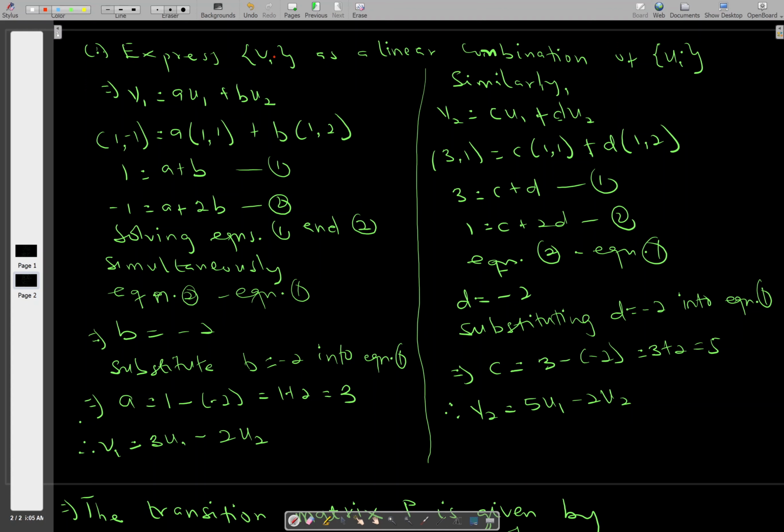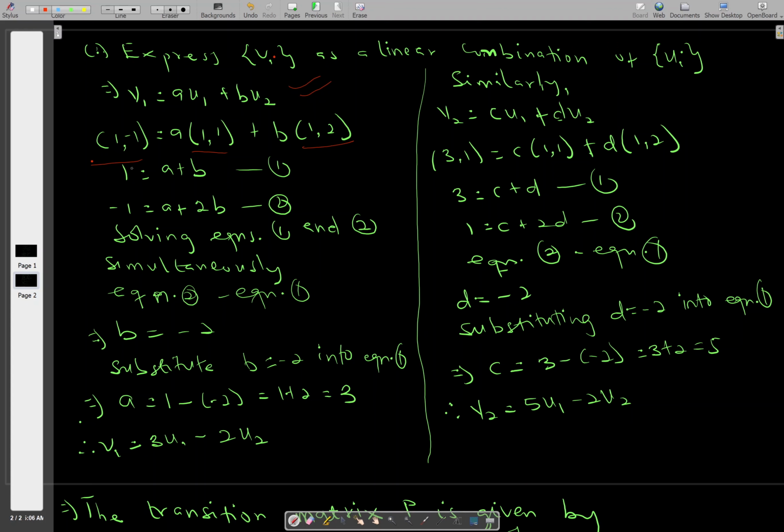So first of all, we pick V1. We express V1 as the linear combination of U1 and U2. So when we do that, we have this. Our V1 is given by 1, negative 1 from the question. Our U1 is 1, 1. Our U2 is 1, 2. So you pick the first element in each of the vectors.